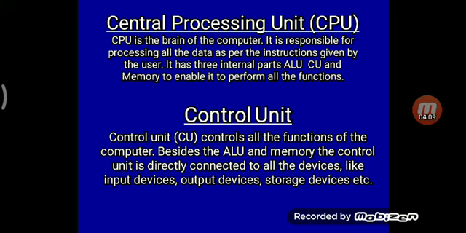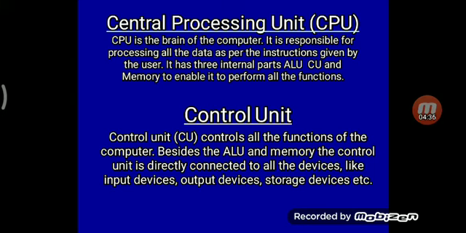Now we will discuss CPU. CPU is the brain of the computer. It is responsible for processing all the data as per the instructions given by the user. It has 3 internal parts: ALU, CU and memory, to enable it to perform all the functions.